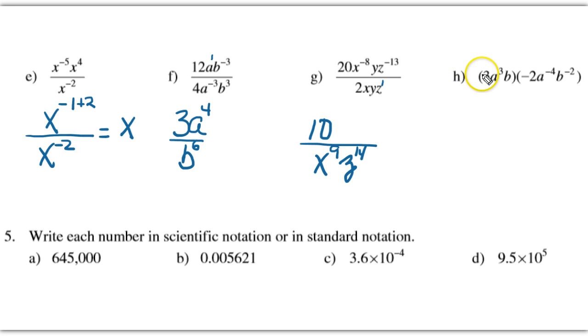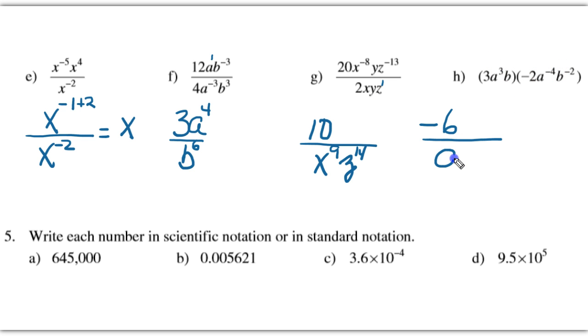Okay, so here we have 3 times a negative 2, which gives us a negative 6. A to the 3rd, a to the negative 4. So this is going to be a to the negative 1 when we add these together.